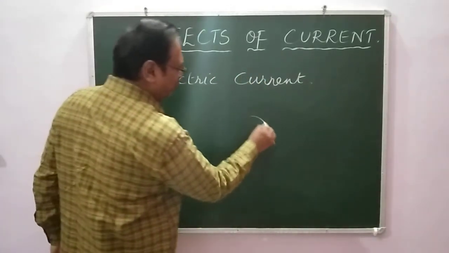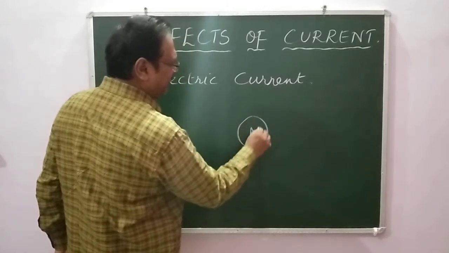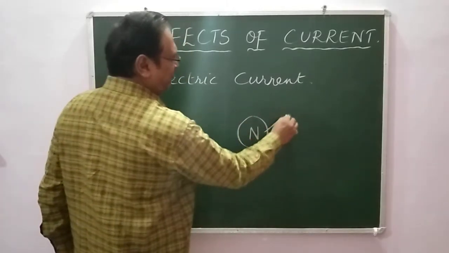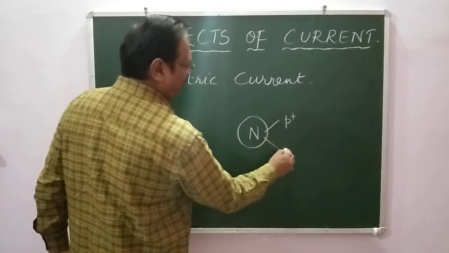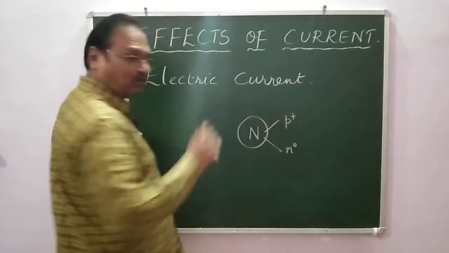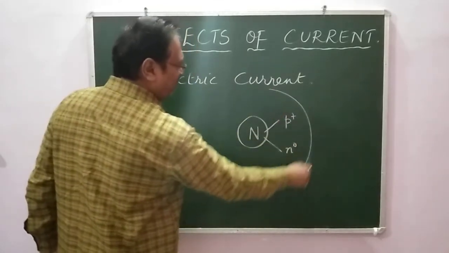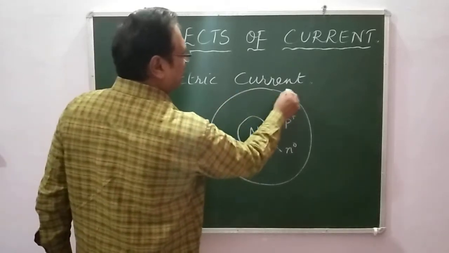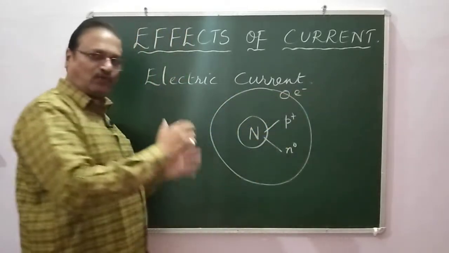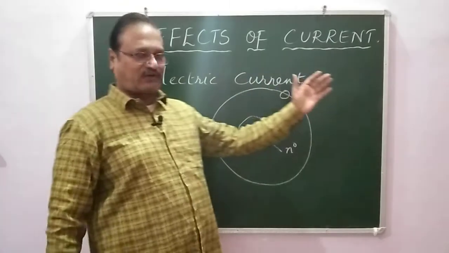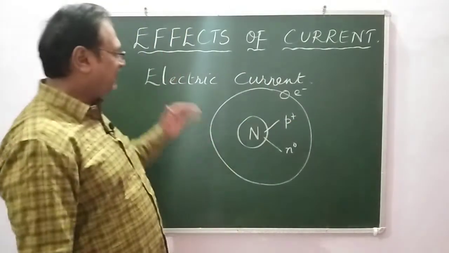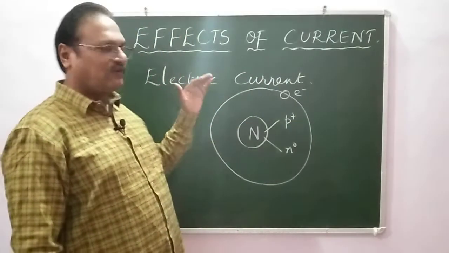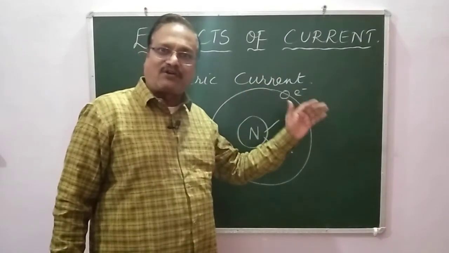The nucleus, which has protons and neutrons, does not play any role. Only the electrons revolving around, the outermost electrons, are going to flow. And electric current is the flow of electrons.